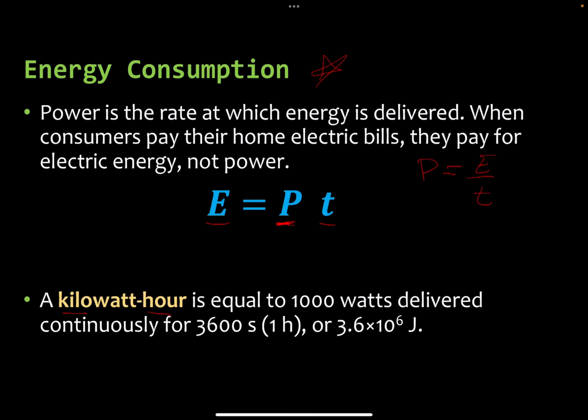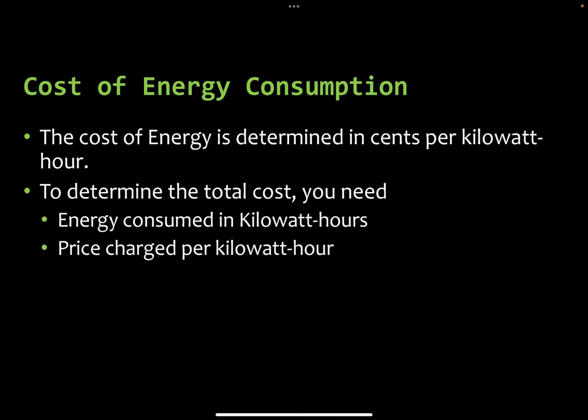So the cost of energy is determined in cents per kilowatt hour. If you've ever looked at your power bill, depending on the type of plan you're on, you could have peak hours. I know mine is about to change in November, but right now, between 1 and 8, I want to say, is the peak hours, so it's more expensive.